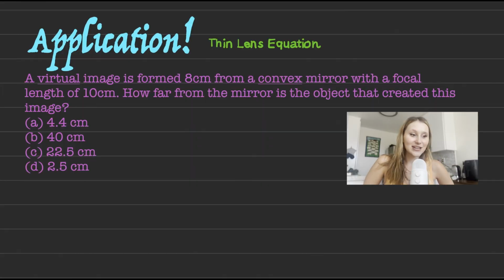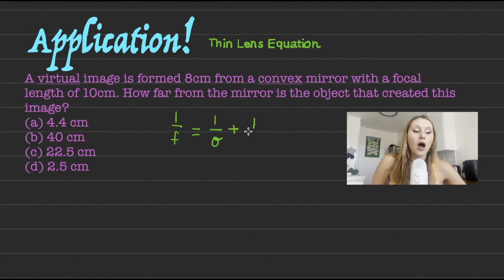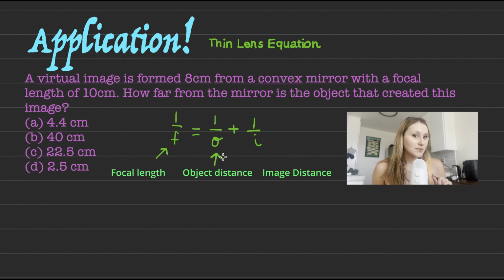Okay, let's do an application of the thin lens equation. So a virtual image is formed 8 centimeters from a convex mirror with a focal length of 10 centimeters. How far from the mirror is the object that created this image? So I wrote down the equation here, 1 over f, where f is the focal length, equals 1 over O plus 1 over I, where O is the object distance and I is the image distance.